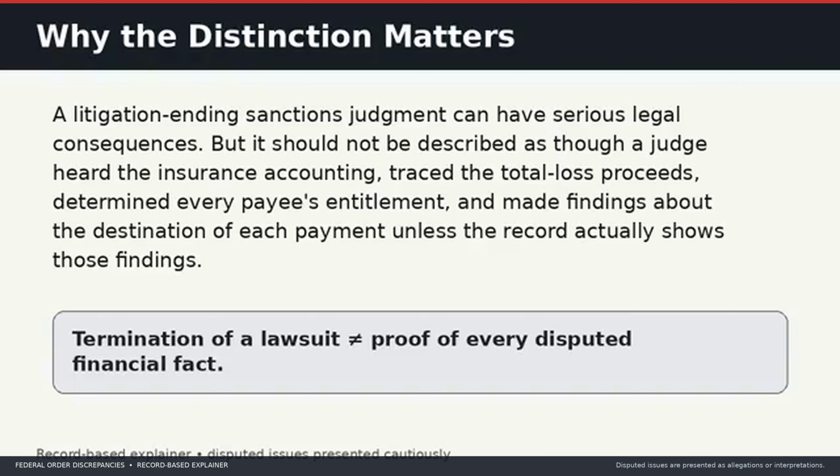The stronger and more precise issue is whether that sanction judgment was later overstated or used as though it adjudicated the underlying insurance payment merits and money trail when the text itself does not show those findings. Follow the order, follow the later representations, and follow the money.